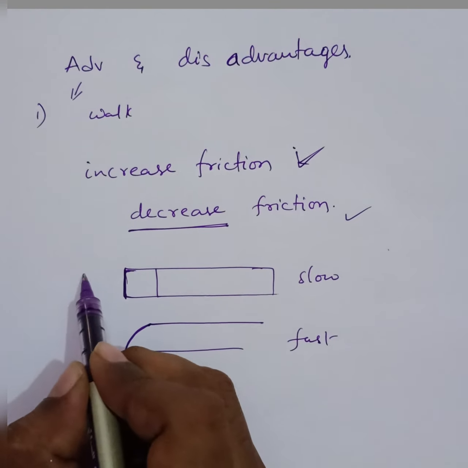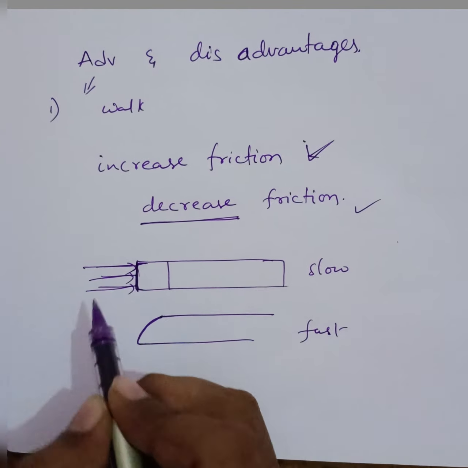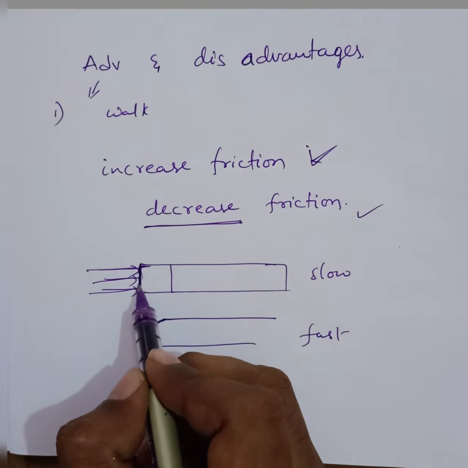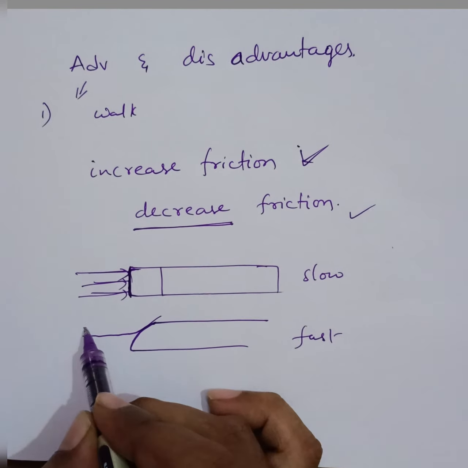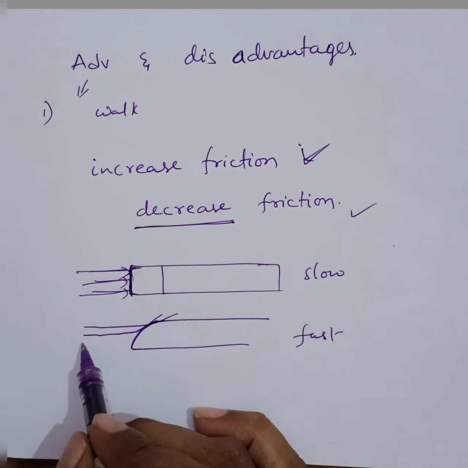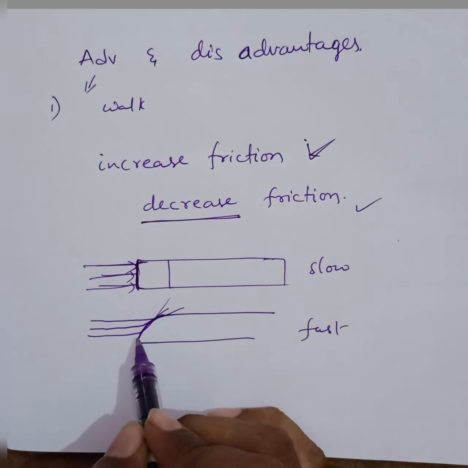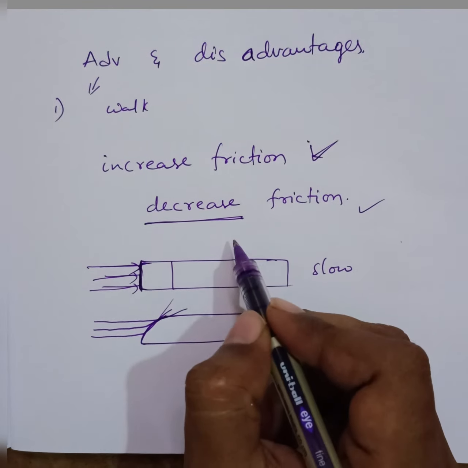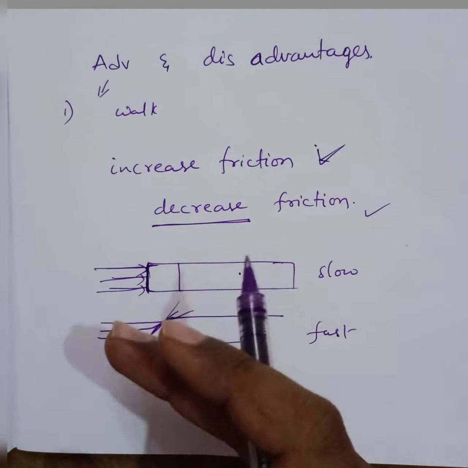Here, whenever air strikes the vehicle, it should come back, and we should overcome that air friction. Here, when air touches, it will go like this, and there is no need to send it back. Whenever we want to send it back, we should apply more force. That's why this vehicle is moving slowly. Here it need not apply force. It bisects the air and it will go.